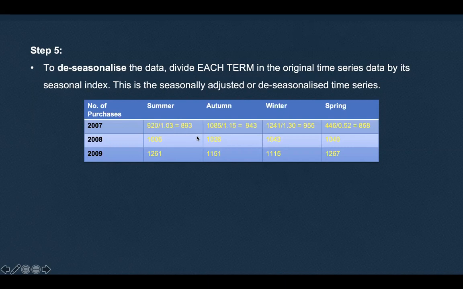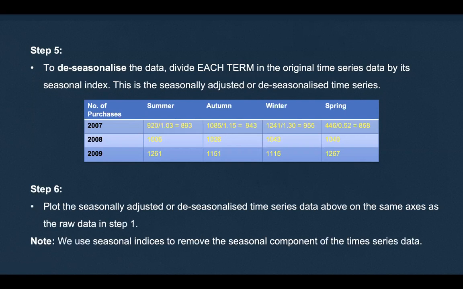We do that for each season and each year. Then step 6, we can plot the seasonally adjusted values on the same axis as the raw data in step 1. Another little note is we use these seasonal indices to remove the seasonal component of the time series data.